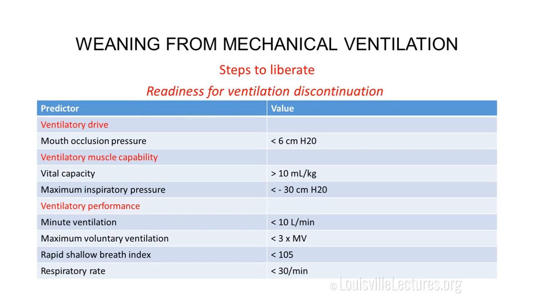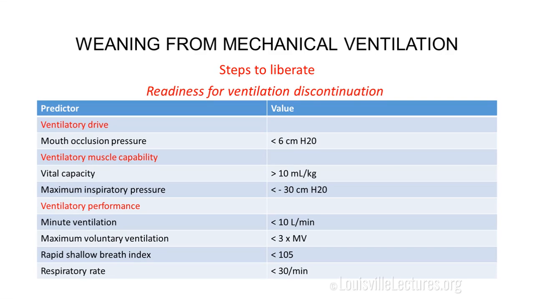So within the readiness for ventilation discontinuation, before you move into a spontaneous breathing trial, you want to look at these parameters here. Mouth occlusion pressure, we don't do that very often, but it is in the literature. It has to be less than 6 centimeters of water. Vital capacity, that we do here, has to be more than 10 cc's per kilo. Maximum respiratory pressure, we do that, has to be more negative than minus 30.